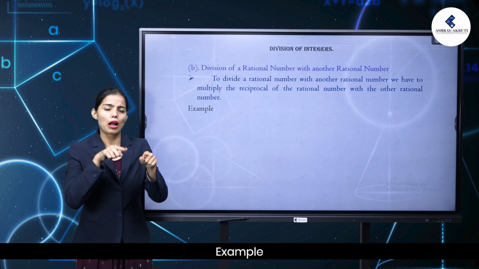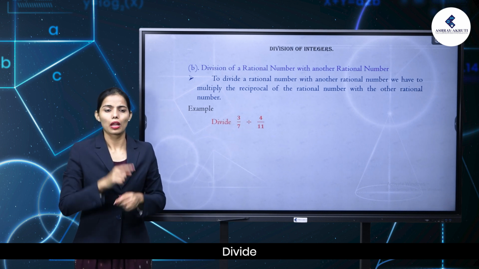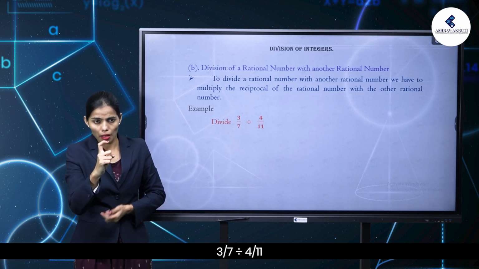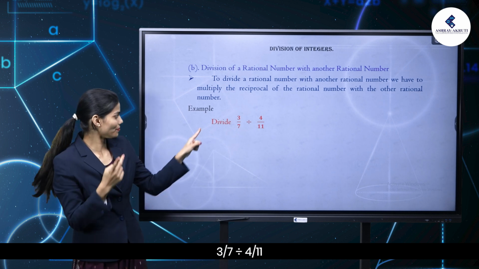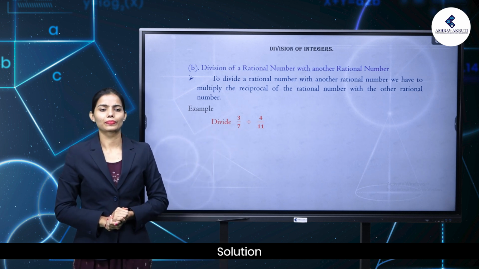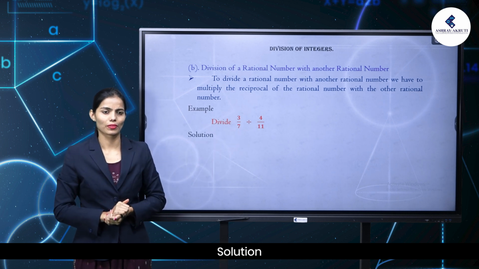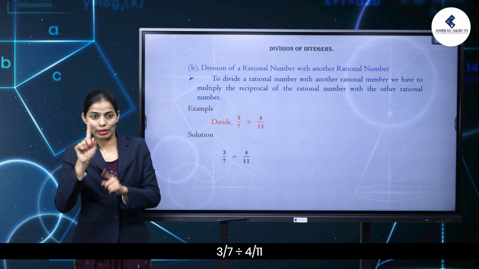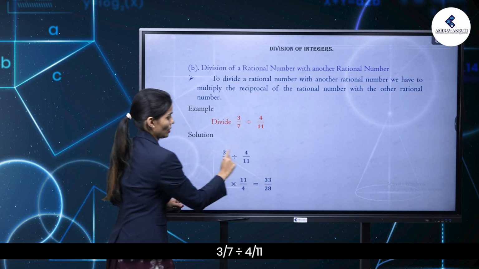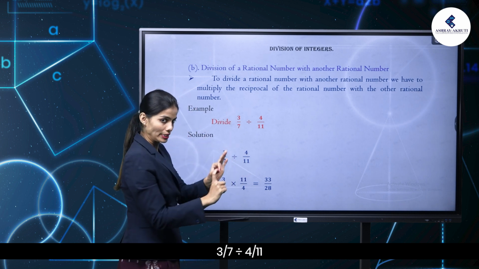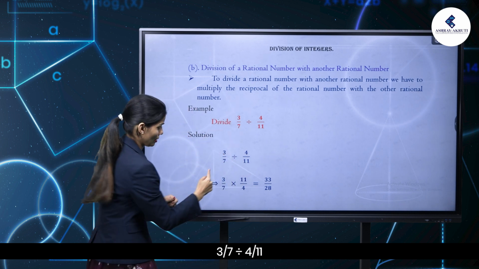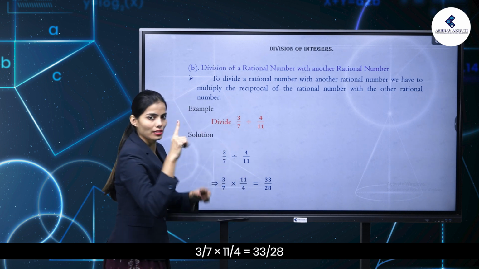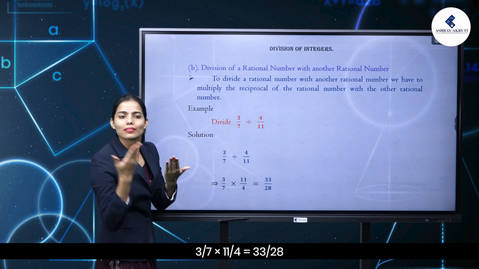Example: divide 3/7 by 4/11. Solution: 3/7 divided by 4/11 is 3/7 into 11/4, which is equal to 33/28.